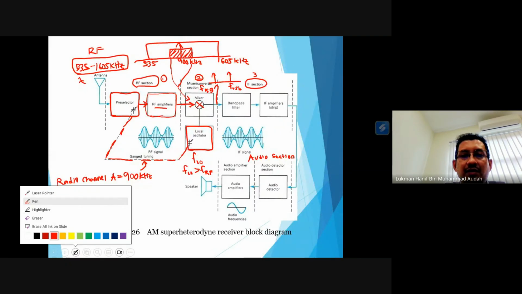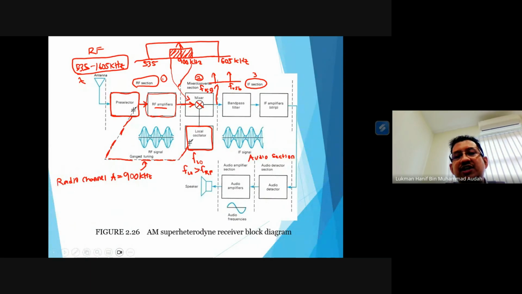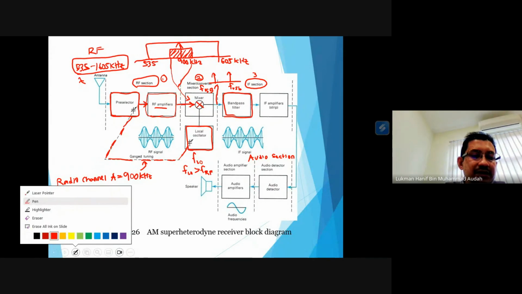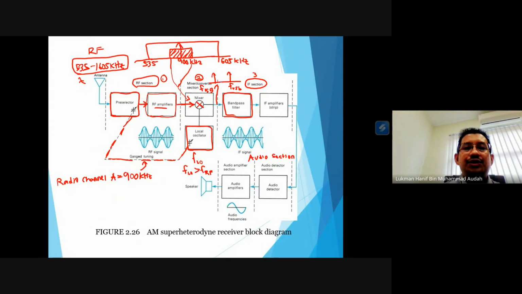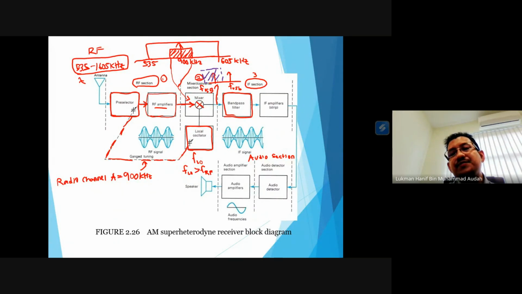So when we produce these two sidebands, it will pass through the band pass filter. What does the band pass filter do? The band pass filter will select only the IF frequency, the lower frequency part, which is this part, and it will remove the upper frequencies.